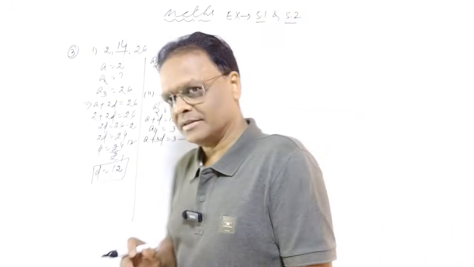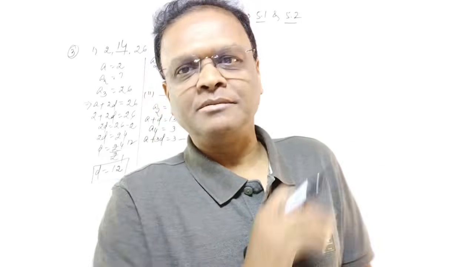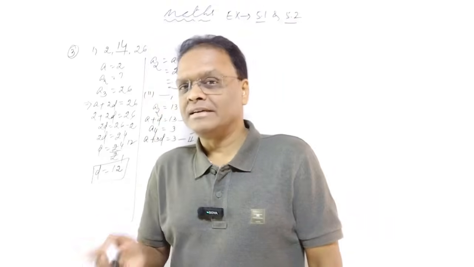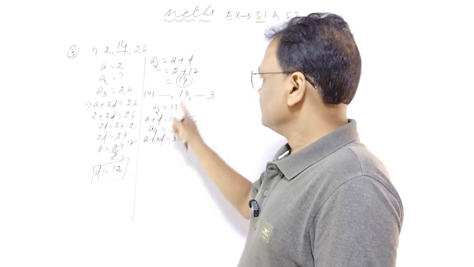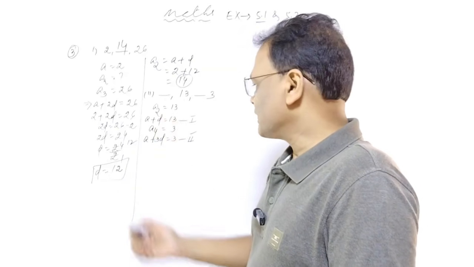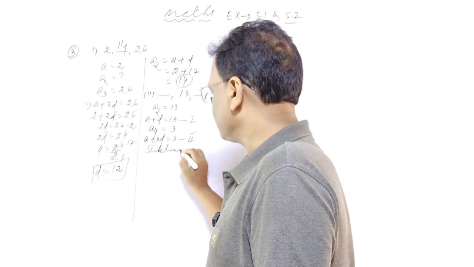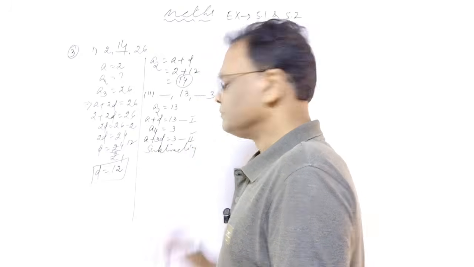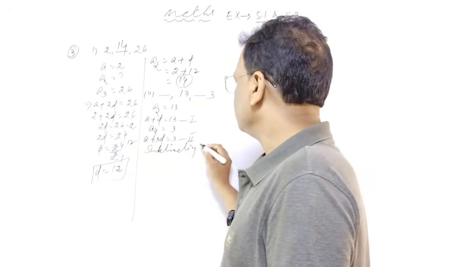Understood? Whenever two terms are given, not the first term, except the first term, for example if the second term and sixth term are given, or if the third term and 10th term are given, I'll get two equations like this. Two equations I got, just subtract one from the other. Subtracting 1 from 2, or 2 from 1, no problem.